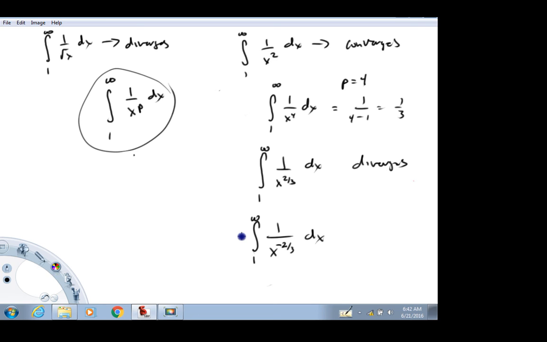So converge or diverge? Is p greater than 1 or less than 1? Less than 1. So diverge or converge? Diverge is correct.